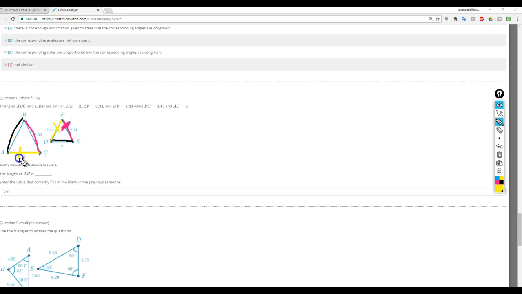So then, if you look here, these two lengths should be the same because we had an isosceles triangle right here, and this one has to be an isosceles triangle in order for it to be similar. So AC's length needs to be 3.33. That's the error.